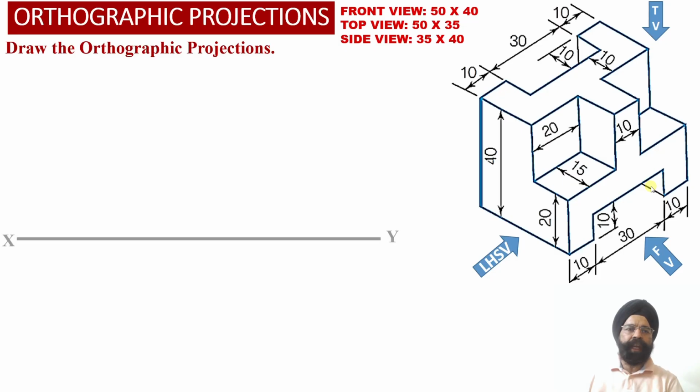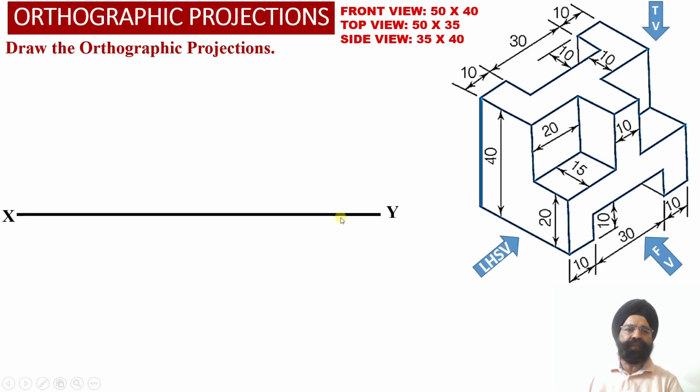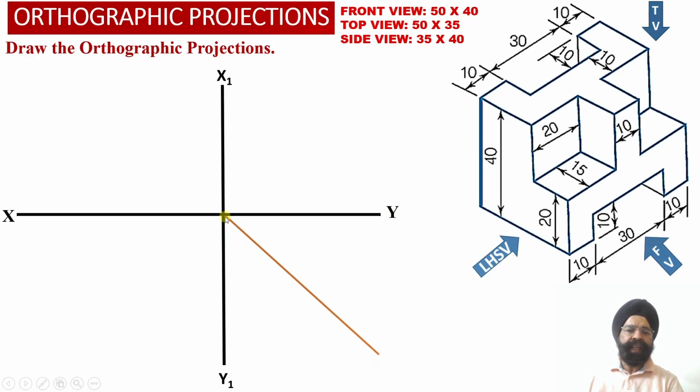In order to obtain the orthographic projections of the solid, we have drawn the XY reference line and the X1, Y1 reference line, and we have also obtained a transfer line originating from the intersection of the XY reference line and the X1, Y1 reference line.